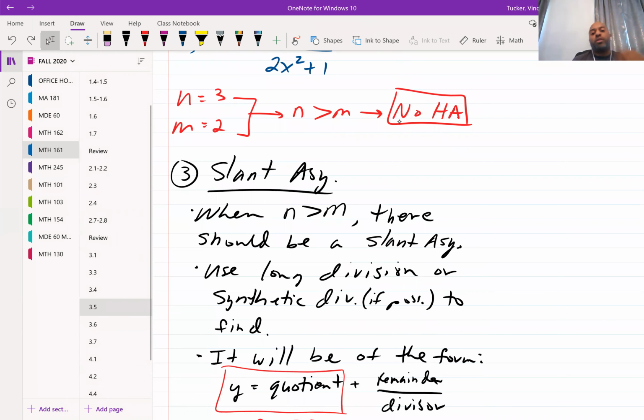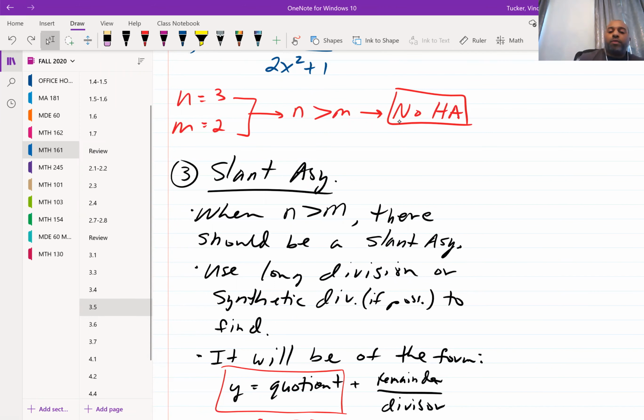All right. Your slant asymptote exists when your numerator's highest exponent is greater than your denominator's highest exponent. You'll use long division or synthetic division to find it. It's up to you which one you want to use. Remember, synthetic division has those rules in place.